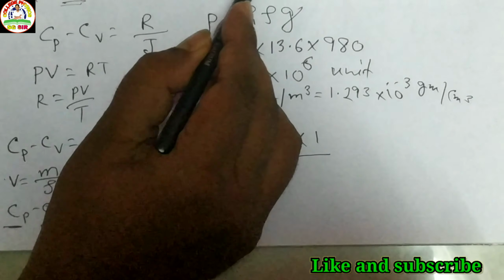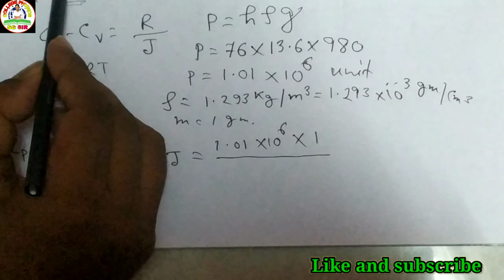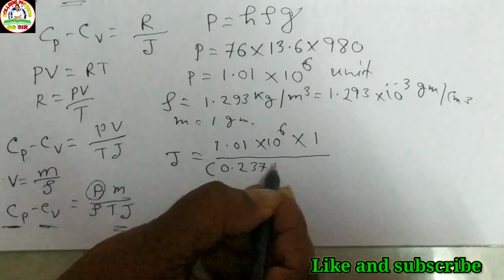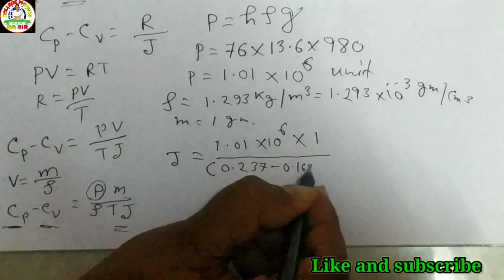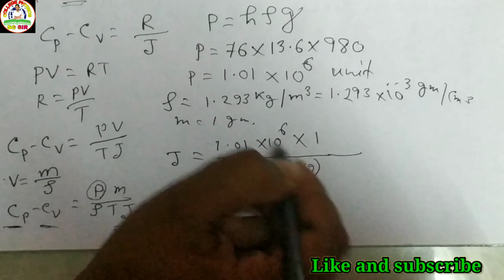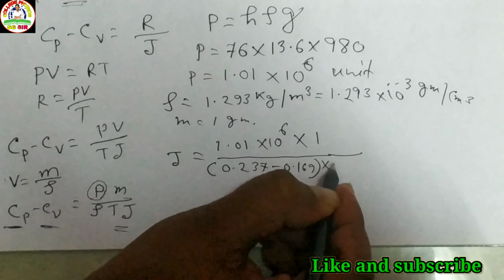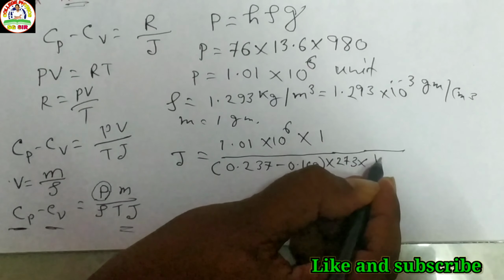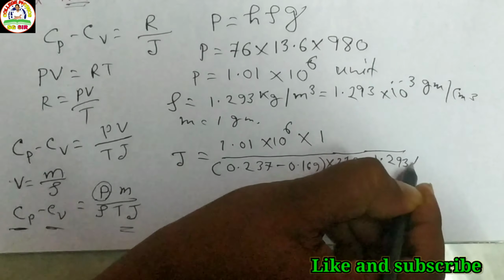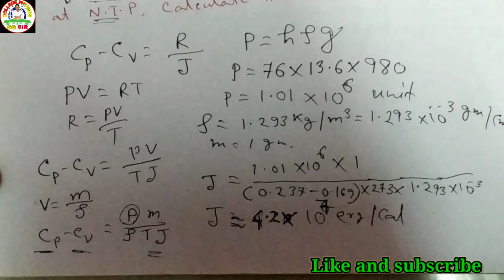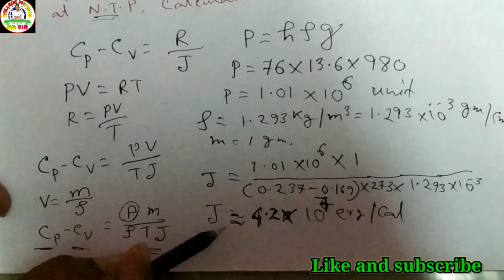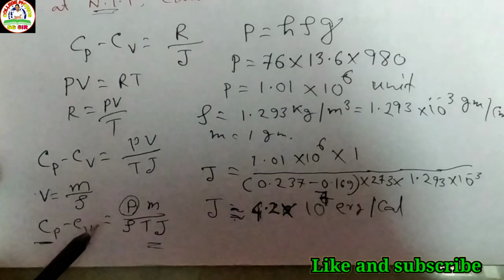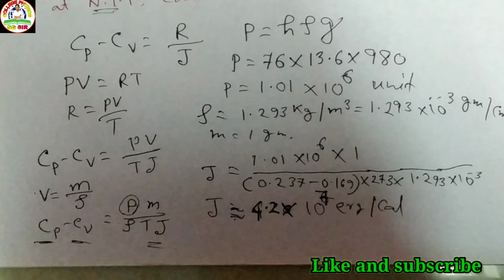Here Cp is equal to 0.237 and Cv is equal to 0.169, so 0.237 minus 0.169, into T. At NTP T is 0 degree C, meaning 273 Kelvin, and rho is equal to 1.293 into 10 to the power minus 3. If we calculate it, we get J is equal to 4.2 into 10 to the power 7 erg per calorie. So this is the value of J.